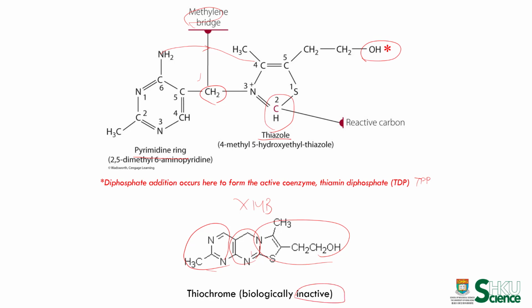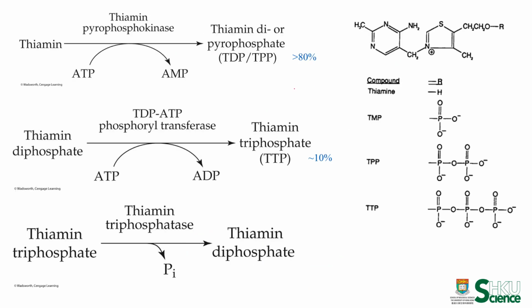So you have to have all three together to form the active coenzyme by adding two phosphate groups at this part of the molecule. To get the TPP from the free form of thiamine, you need to add two phosphate groups to it, and the phosphate groups come from ATP, with the help of thiamine pyrophosphokinase. So you get TPP, which is the most abundant form of thiamine inside the human body.